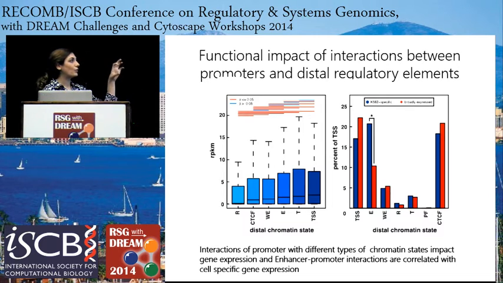So we have more cell-specific gene expression when we have a connection between promoter and enhancer rather than other types of chromatin states.